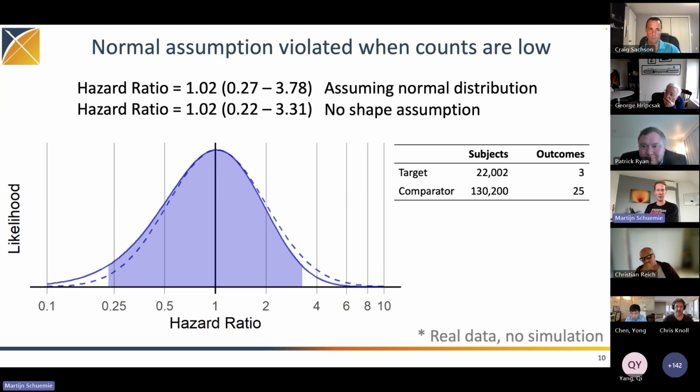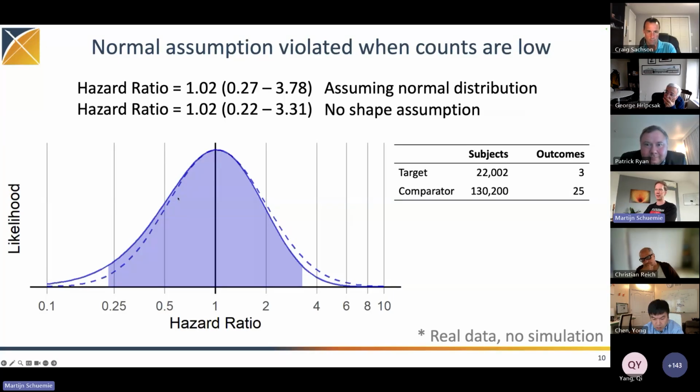So we have lots of data. Like in this example, we have 22,000 people in the target and 130,000 people in the comparator, but we only have 3 people who have the outcome in the target and 25 in the comparator. And that's what I would call a small count. It's the number of outcomes.